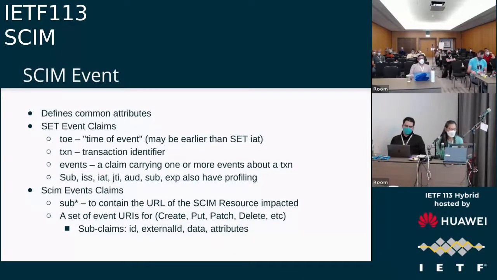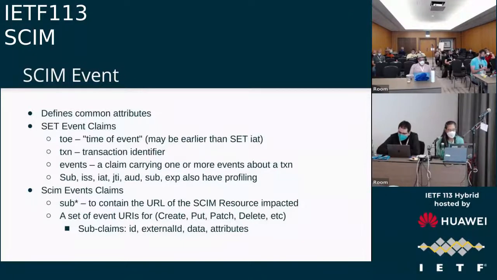TOE, the time of event. This is useful because as we consider how events are collected and arranged into streams, some time will pass. TOE allows the SET to convey the time the actual event occurred at the SCIM service provider, which may be earlier than the SET issuance time, which is called IAT.